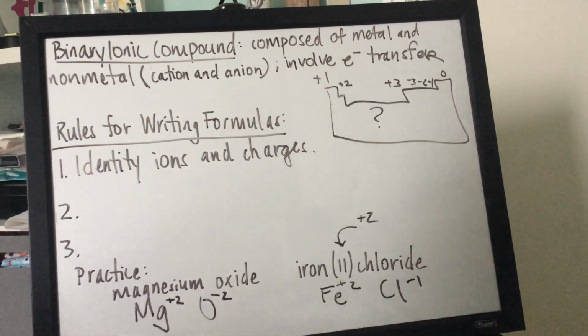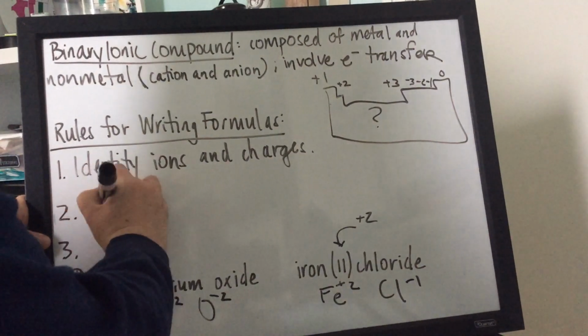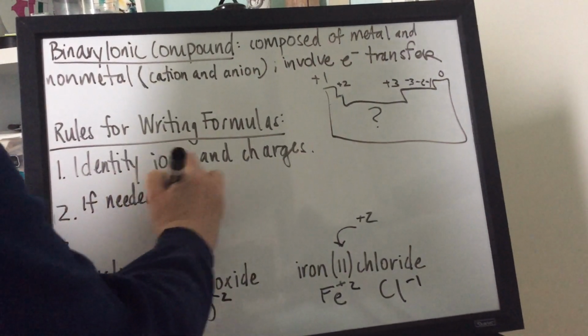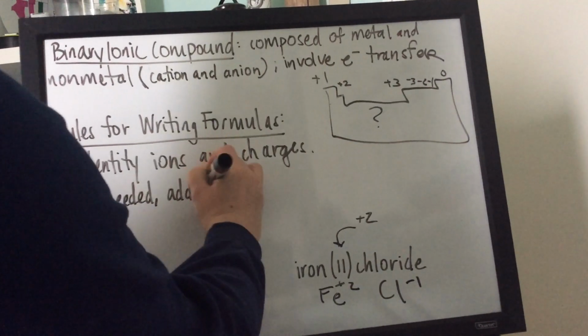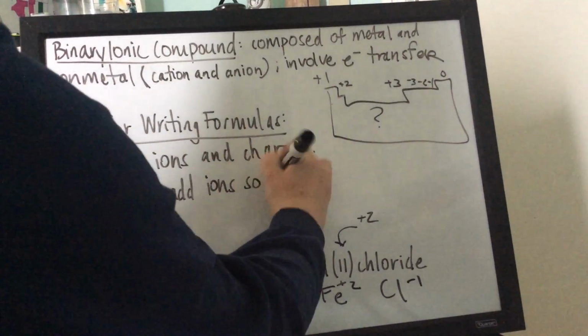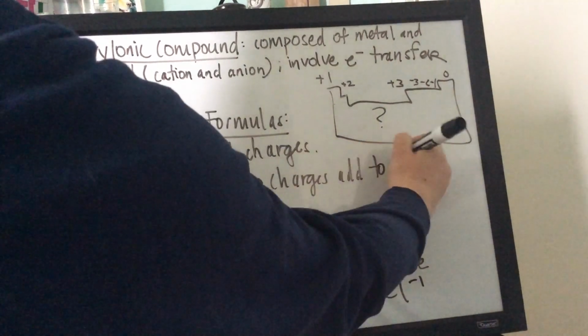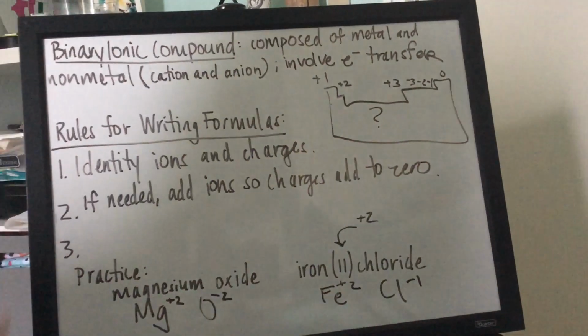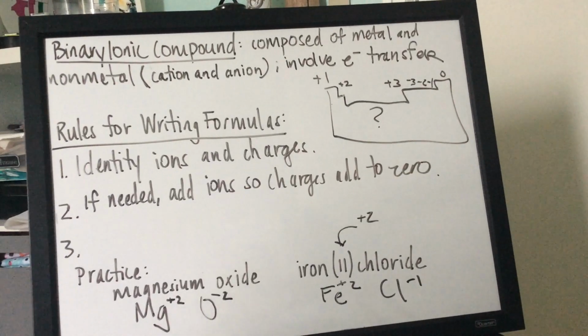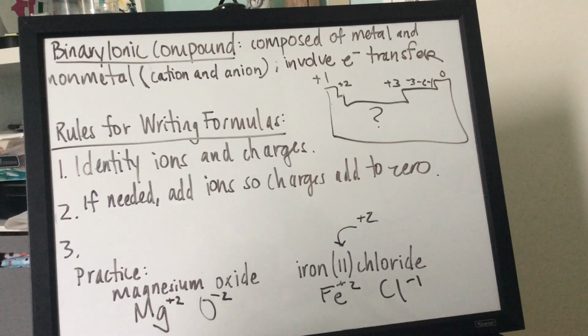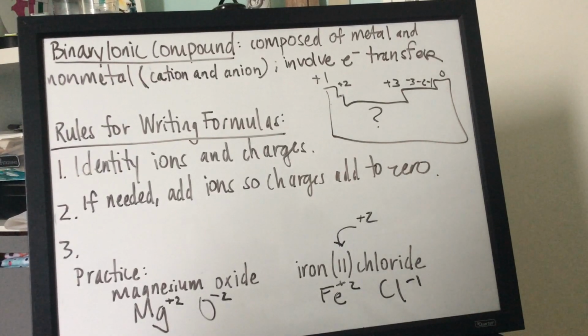All right, so rule 2. This is a very important rule. Rule 2 says, only if needed, we're going to add ions so that the charges add up to 0.